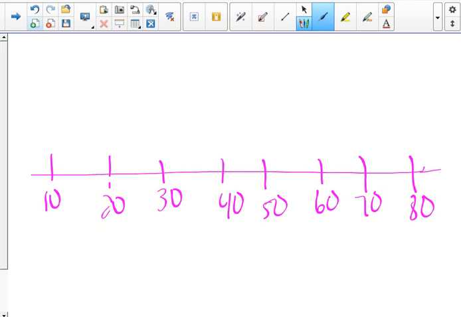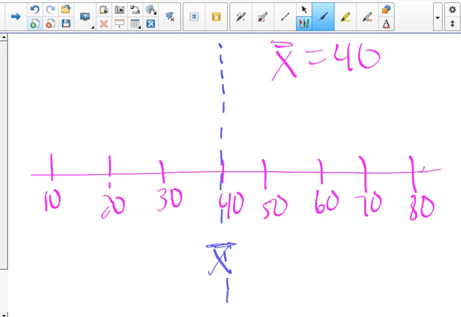I'm going to say I've got an average, my x bar is equal to 40. So I'm going to draw a line here at 40, showing my average. There's my x bar at 40.